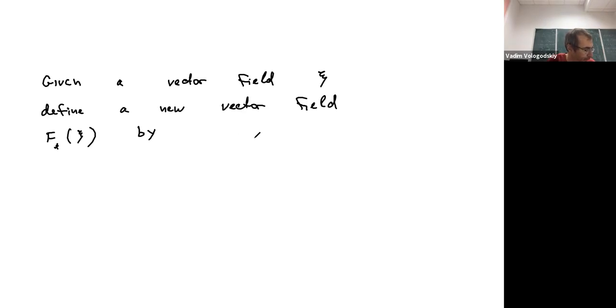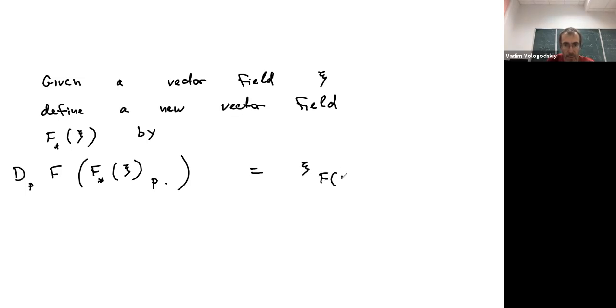Its value at any point P is a tangent vector, and I can apply the differential of f at point P, and I require this to be xi computed at f of P. This makes sense.